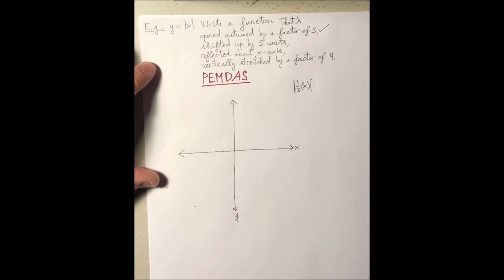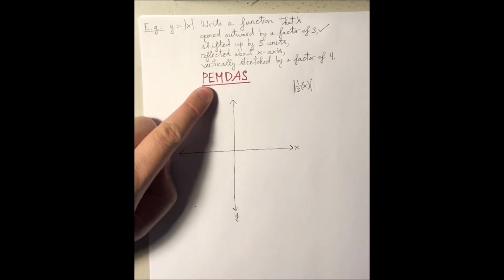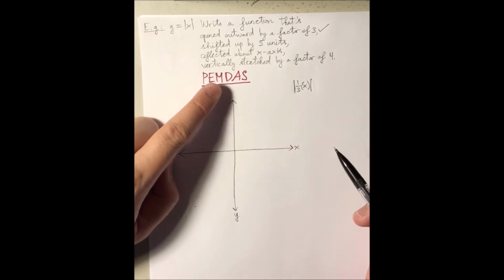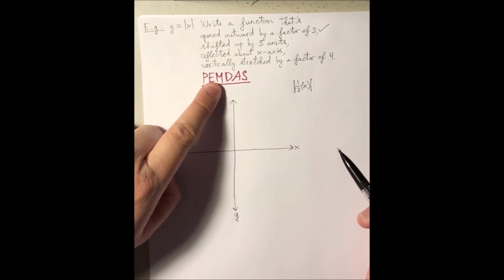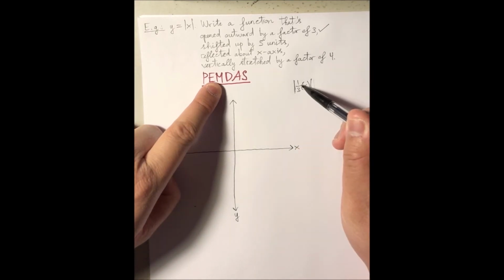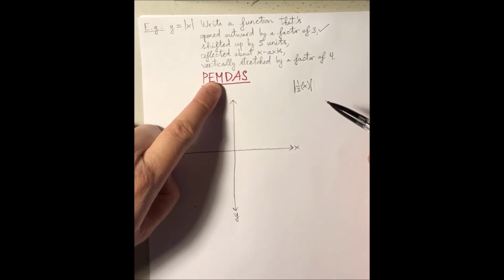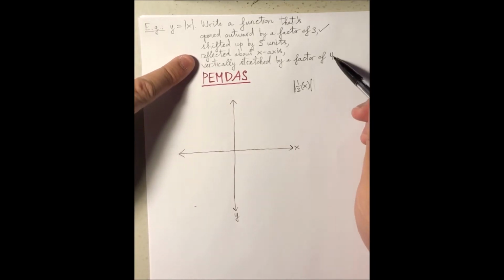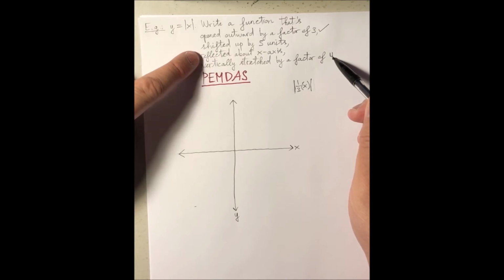Now the next order of operation is exponent. Well, we don't have to worry much about this because we only have absolute value. The next order of operation is multiplication. We already did the multiplication inside the absolute value, which is multiplication by 1 over 3 of the x. But now we also have to multiply it by 4 and this negative sign as well.